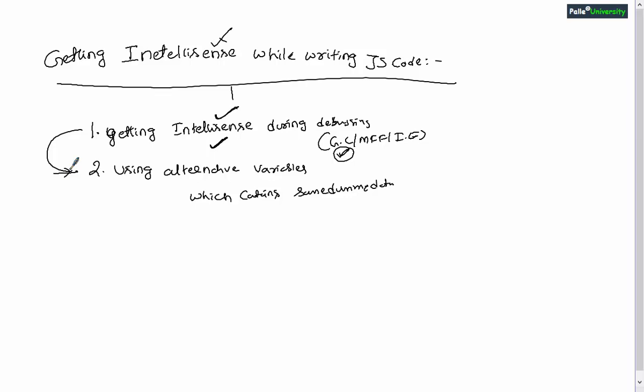First I will explain the first approach and after that I will explain the second approach. For explaining these two approaches, which are useful for getting the IntelliSense window, I will take one simple example. Assume that I have a dummy page named h.html. You can take any name, that doesn't matter.